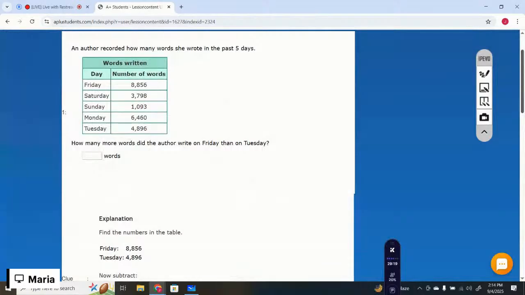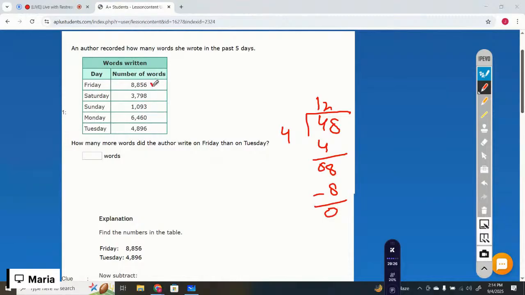How many more words did the author write on Friday than on Tuesday? So on Friday, she wrote more words than Tuesday. On Friday, she had 8,856, and on Tuesday, that is 4,896.